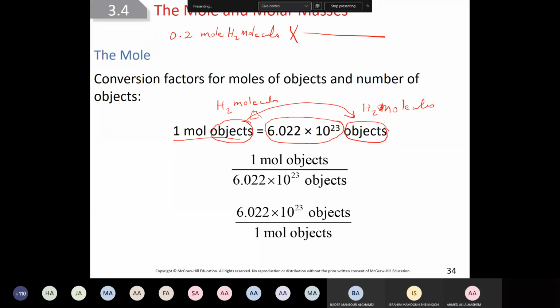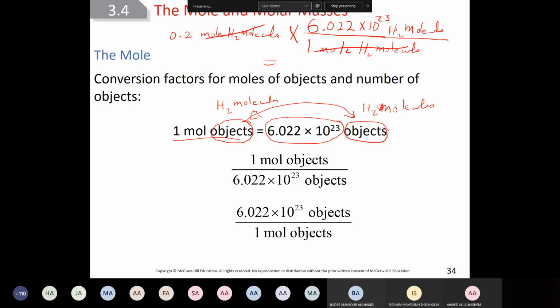I should write here 1 mole of H2 molecules, and at the top, 6.02 times 10 to the power 23 H2 molecules, multiplied by 0.2. This way, you get rid of this unit with this unit, and you have the answer.